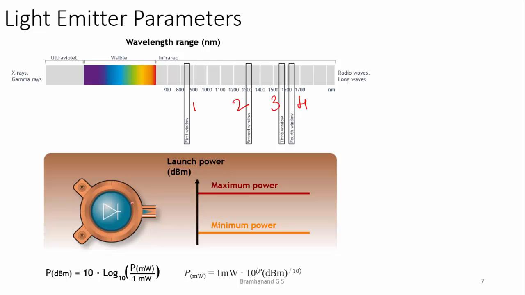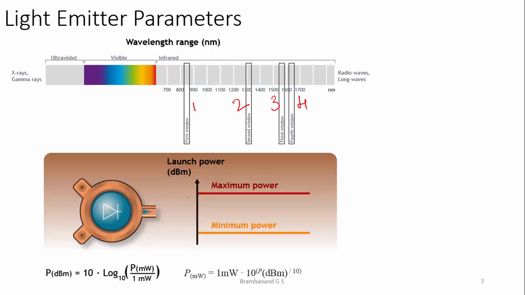My laser will have a specification on the wavelength it is emitting. So it has to transmit the light based on a particular wavelength. So the specification of the laser is very important when we design our optical network.